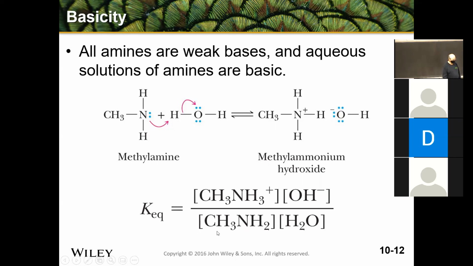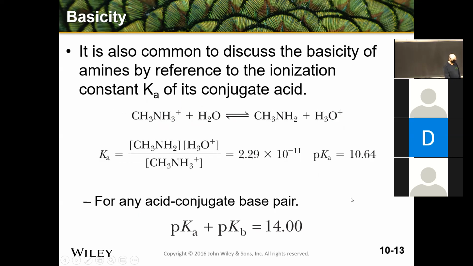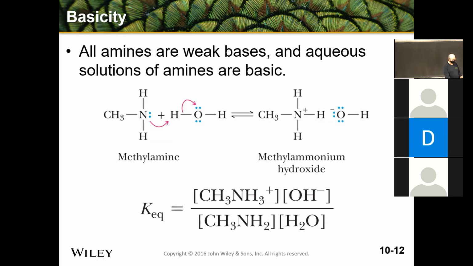All right, the equilibrium constant for this reaction is products over reactants. Okay, but we leave out pure liquids and pure solids, so we omit the water here in the denominator term. And that would be the Kb without the water.